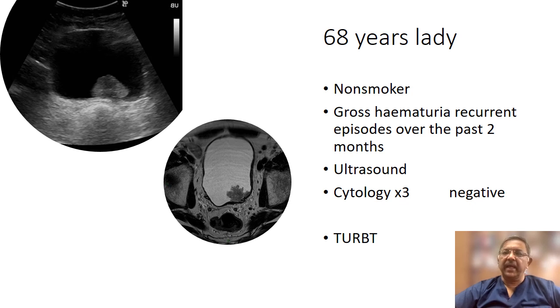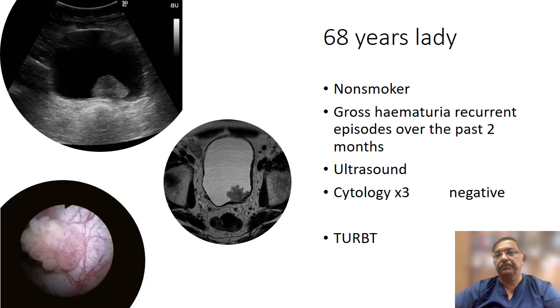MRI scan is becoming the new standard in the evaluation and management of bladder cancer patients, because often you can actually do the VI-RADS scanning, the VI-RADS categorization, and will be able to differentiate T1 from T2 and T2 from T3 tumors.